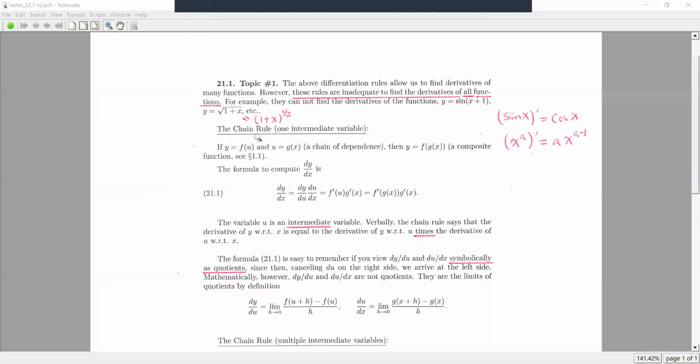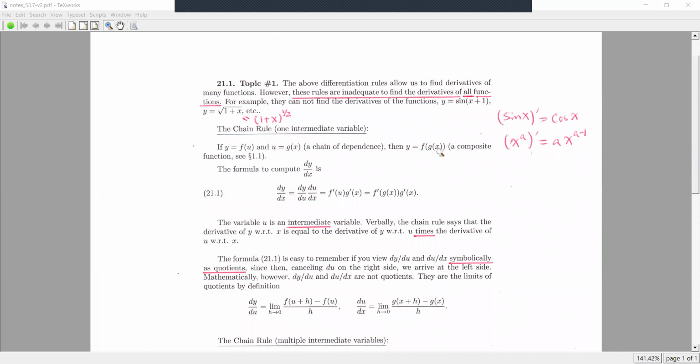Here is the chain rule. Suppose we have 3 variables, y, u, and x. If y depends on u, and u in turn depends on x, as a result, y depends on x. So y is a function of x.